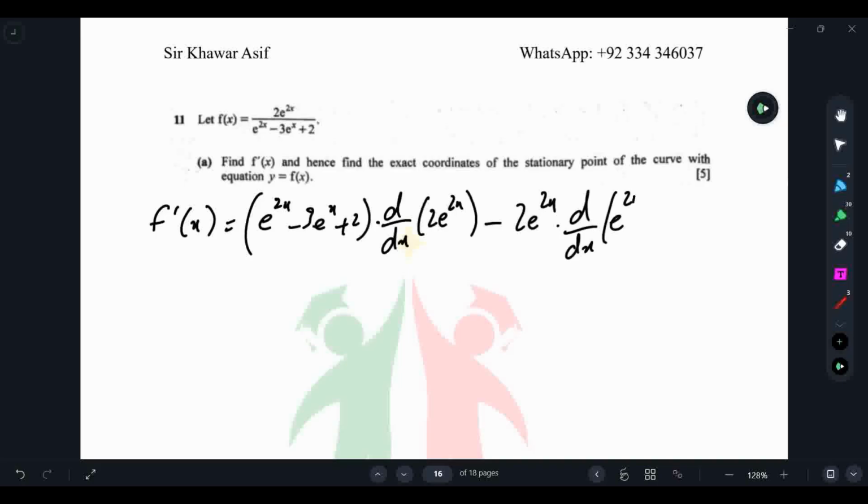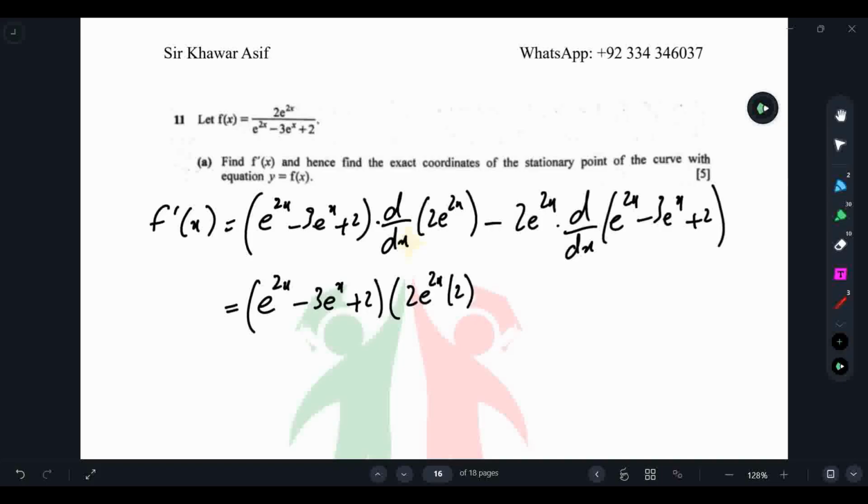So e power 2x minus 3e power x plus 2, into 2e power 2x into 2, so we can directly write it as 4. So this will be now 4.